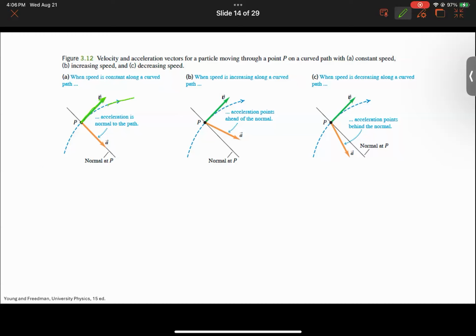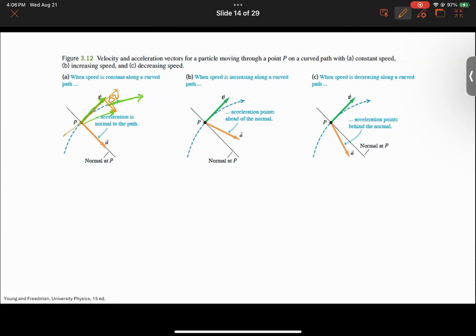And if the magnitude of the velocity vector is still the same, so idudugtong natin yung velocity vector dito, then you get an acceleration, sorry, this is delta V. Then you get an acceleration which is the same direction as delta V, at yung acceleration na yan is perpendicular dun sa normal line at point P.